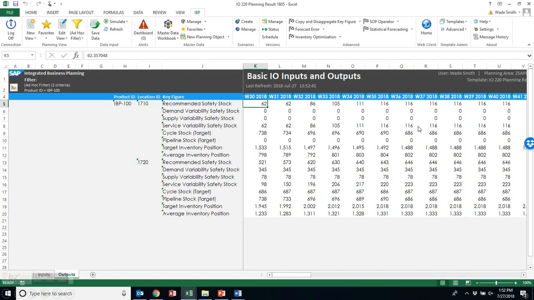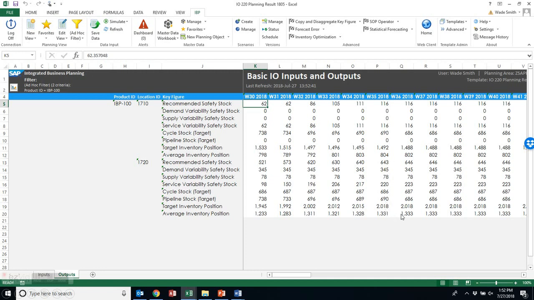It's just a service variability, whereas the majority of the safety stock in the warehouse is due to demand variability. You can also see the cycle in the pipeline stock. For example, it's 0 at the production facility because the production cycle is 1 week.